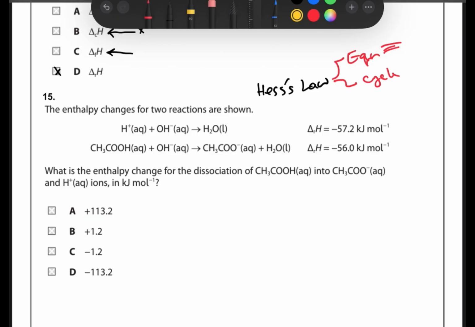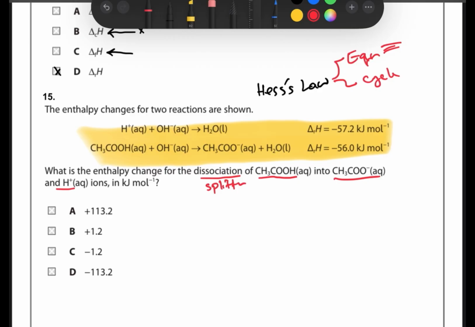The enthalpy change for the two reactions are shown. We have these two beautiful reactions with their corresponding enthalpy changes. The question says, what is the enthalpy change of dissociation? Dissociation means splitting. We are splitting ethanoic acid into ethanoate and H positive.